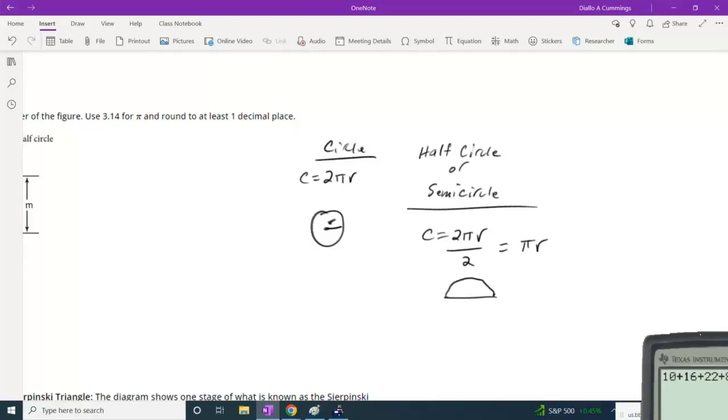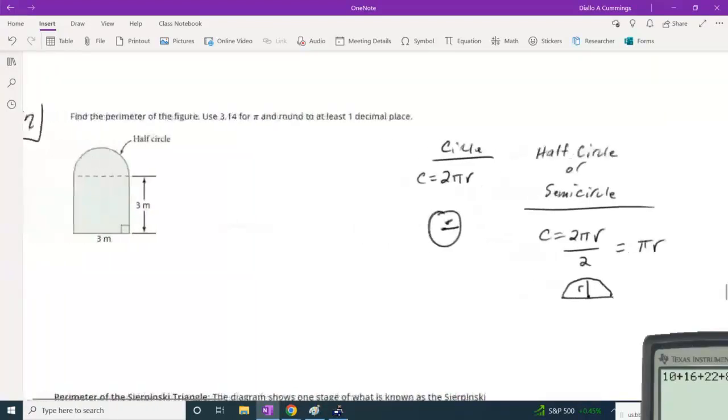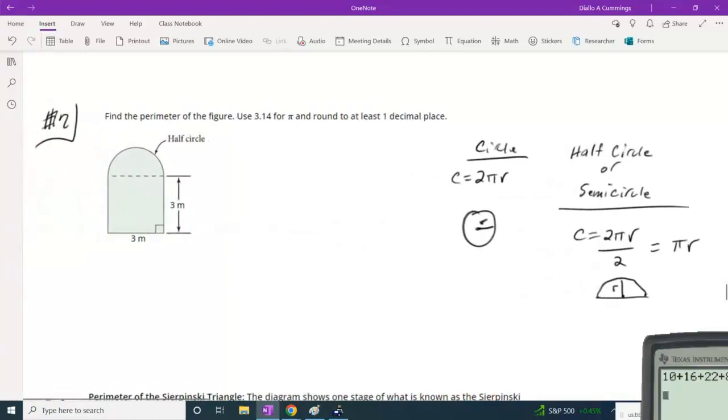We only want the circumference for the semicircle, so we're going to use pi times r. So I'm going to find the circumference in a couple parts. First, I'm going to find the circumference for the half circle, and then I'm going to find the perimeter for the base.